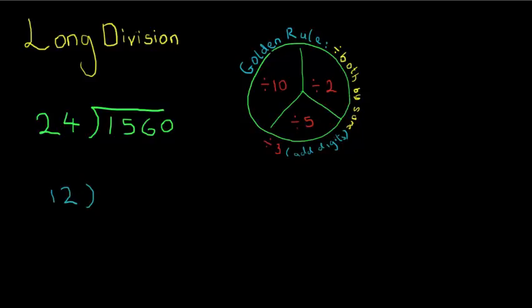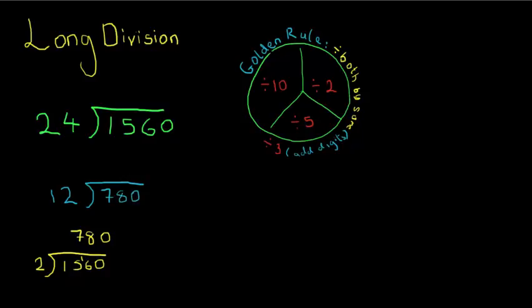But again I'm in a position where I'm not so comfortable about halving the 1560, so I'm going to work that out and insert the answer into my simplified version. 2 into 1560, 2 into 1 doesn't go, 2 into 15 is 7 with 1 left over, 2 into 16 is 8, and 2 into 0 is 0. So 24 into 1560 becomes 12 into 780.